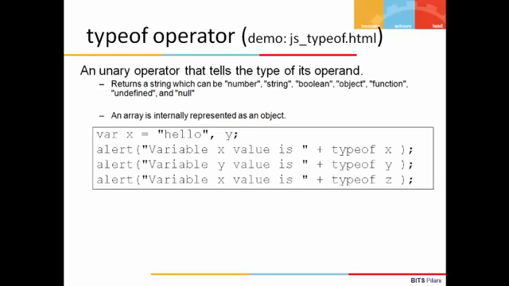Then we have a special operator called the typeof operator. In case you want to find out the type of the operand which you are using, whether it is representing a number or a string or a boolean or an object or a function, you will require this typeof operator.